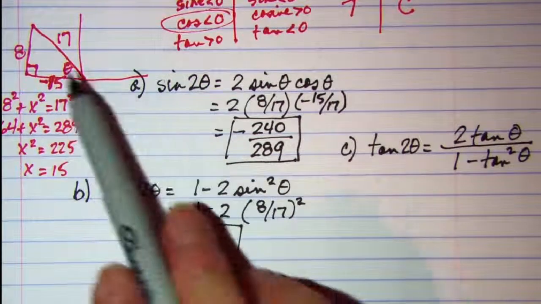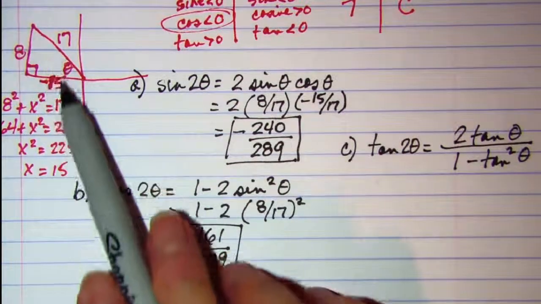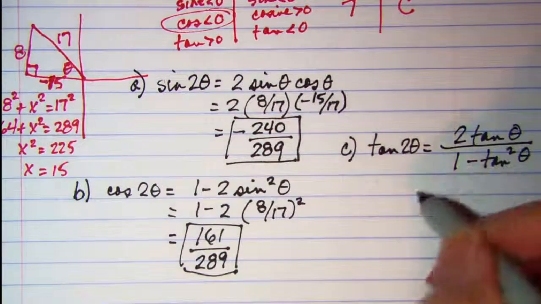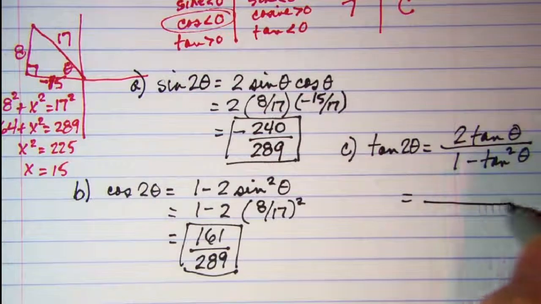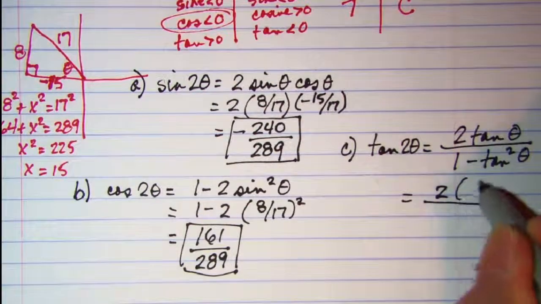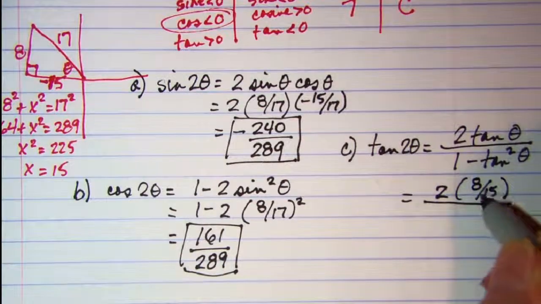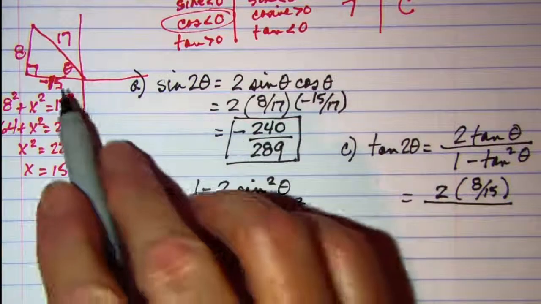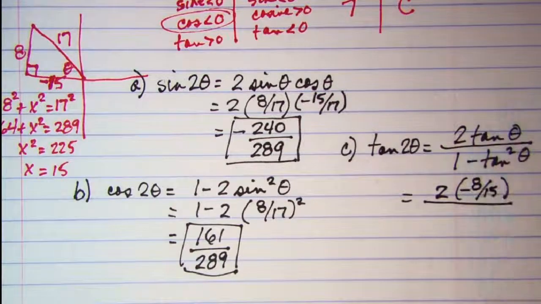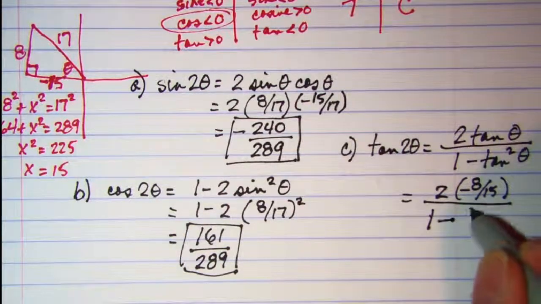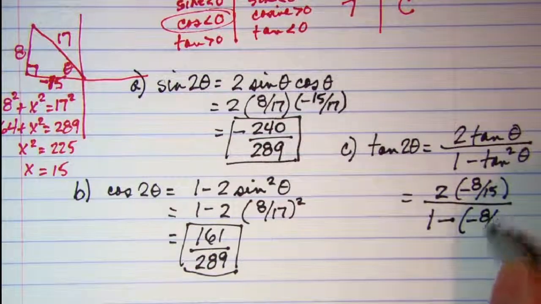So our tangent is opposite over adjacent, so 8 over negative 15 will be the ratio that I'm using. So 2 times 8 over 15, and that was negative. And 1 minus a negative 8 over 15 squared.